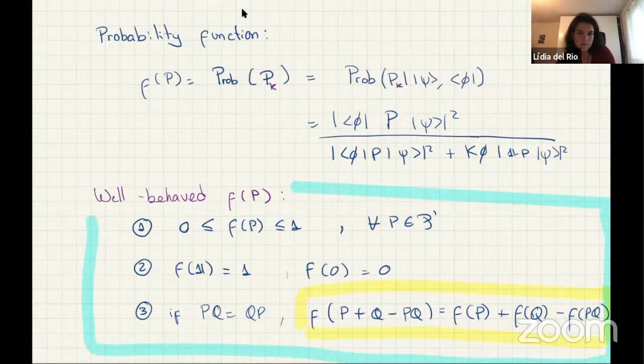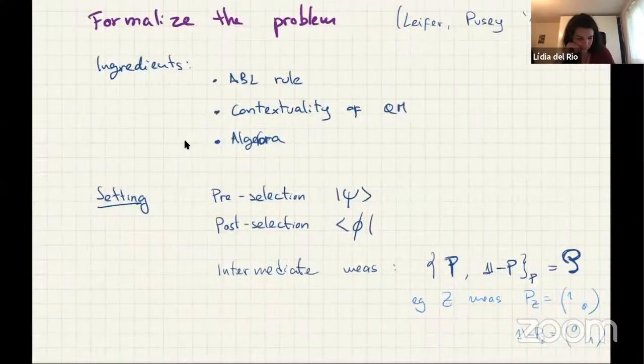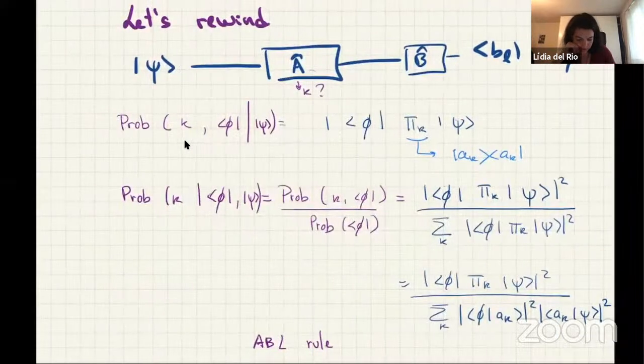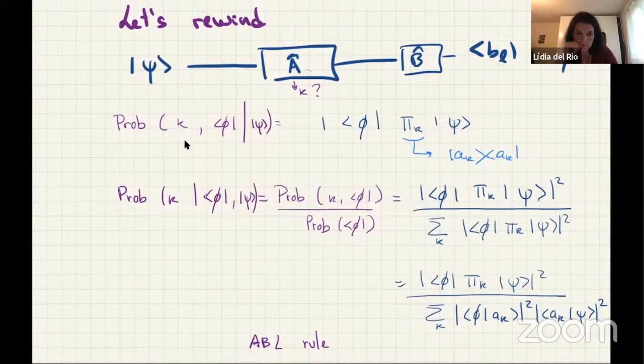I have a question regarding the very beginning of the second lecture where you presented the ABL rule. I'm not quite sure whether I managed to follow you regarding these two probabilities you wrote down. What's the difference between these probabilities?